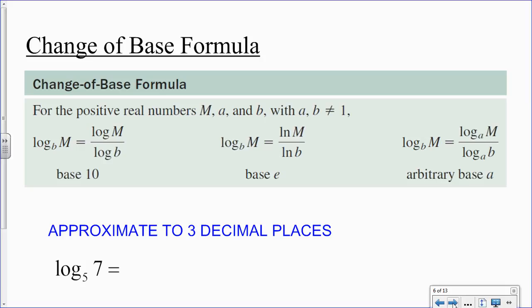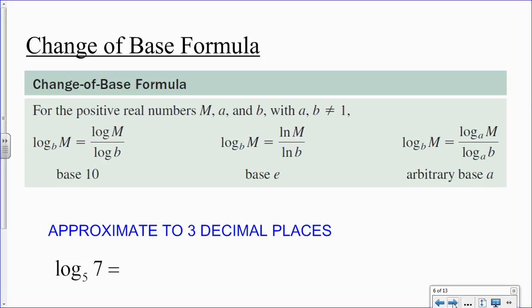The newer graphing calculators have log base b, where you could put any number you want. But the older ones, like the ones I have here, your scientific calculators, all of those have only base 10 or natural log. So we're going to learn change of base.